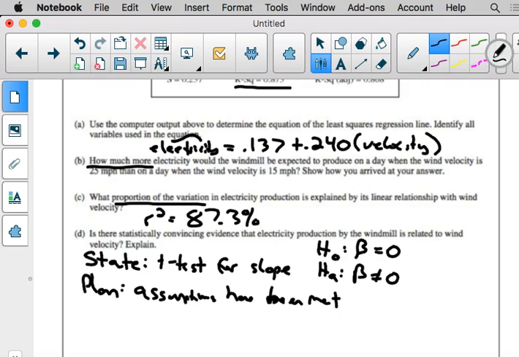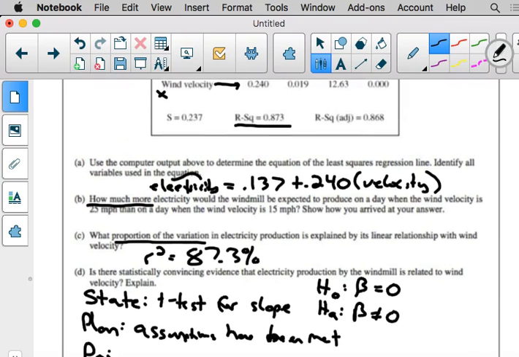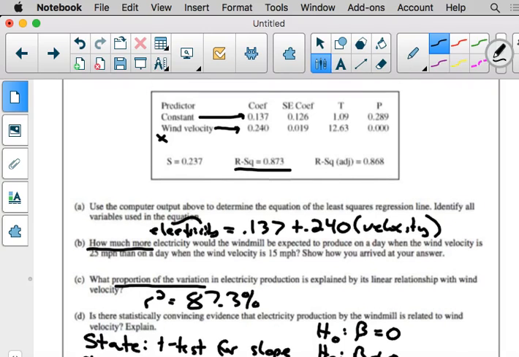Now, in the do step, let me show you two cool things. Notice if you keep following slope to the actual slope, to the standard error of the slope, notice these two things, T and P. Those are the two things we need.